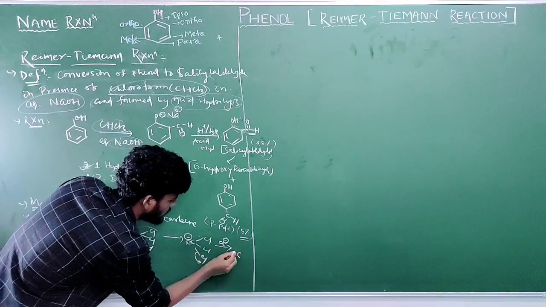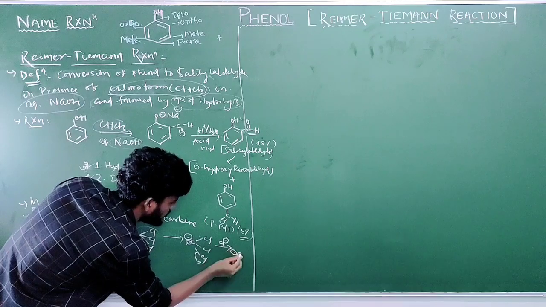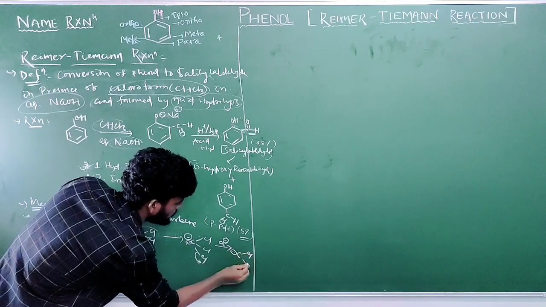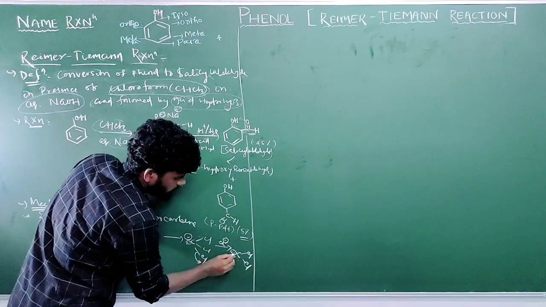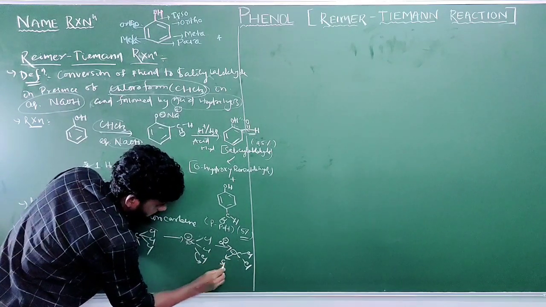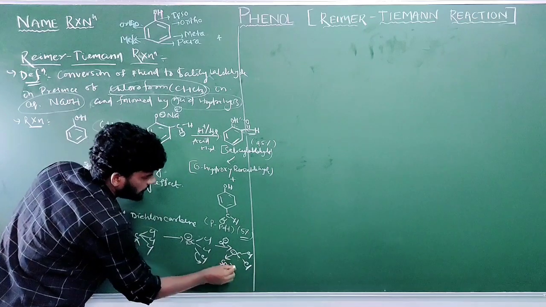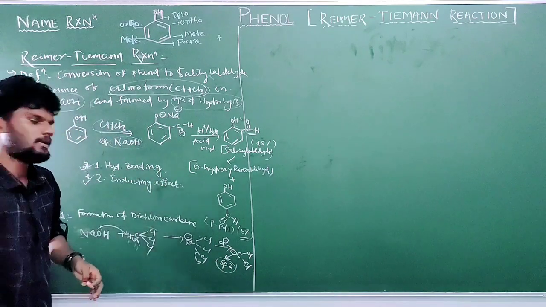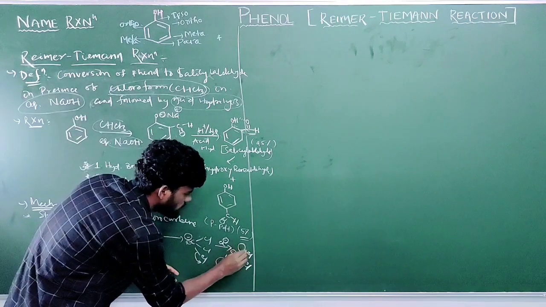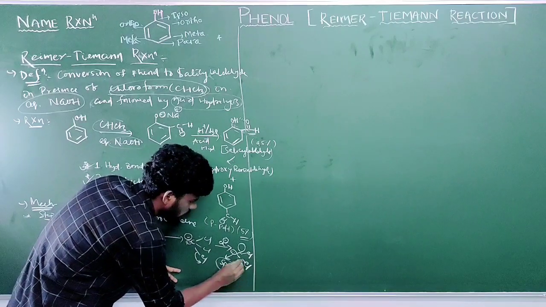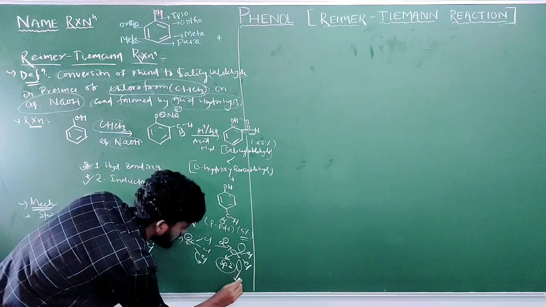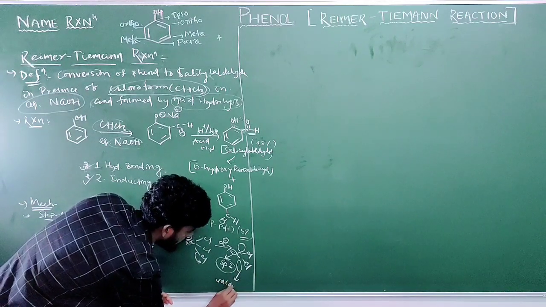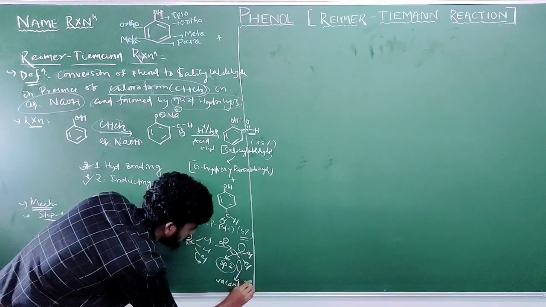One lone pair is left, which is in the sp2 orbital of carbon, and it also has a vacant p orbital.